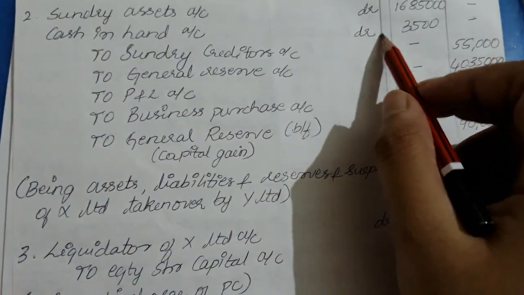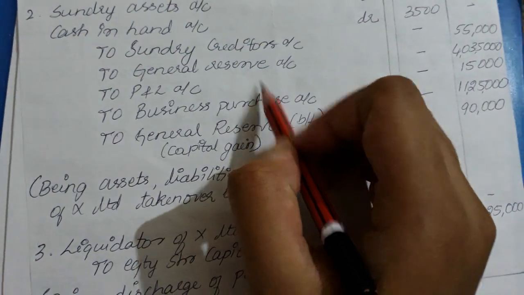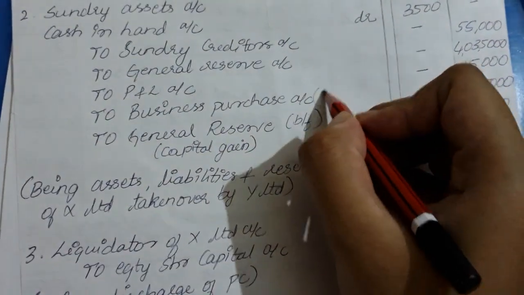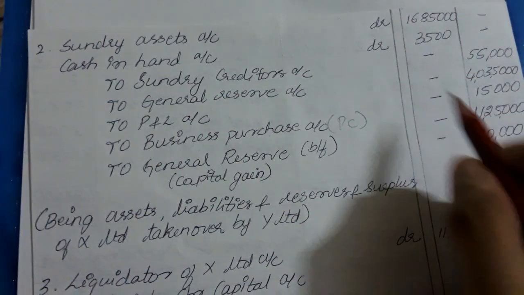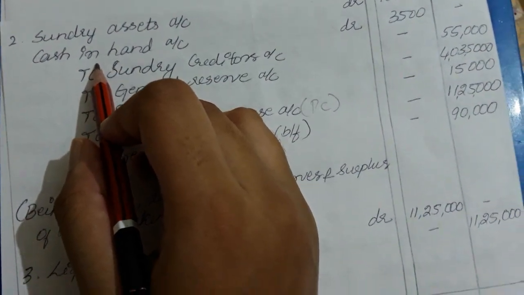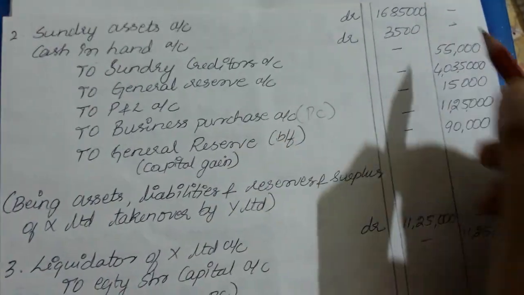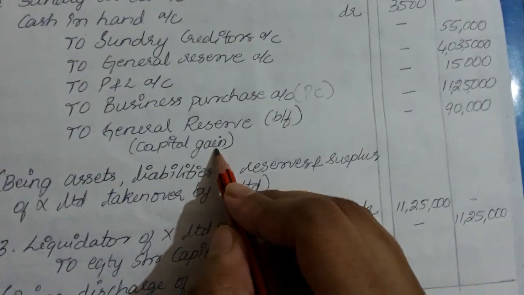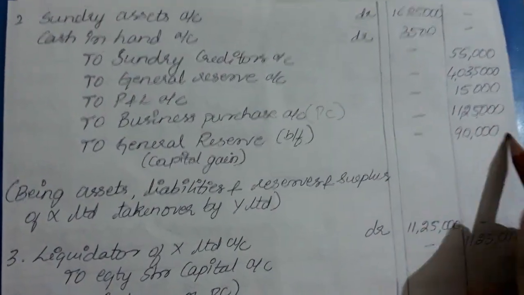All the assets you have taken, then leave one line and write all the liabilities and also business purchase, that is the purchase consideration. If the assets are less and liabilities are more, we would write this as goodwill. Here assets are more than the liabilities, so we are getting a profit, a gain, and we are receiving more reserves here. That is why we write 90,000 as more.